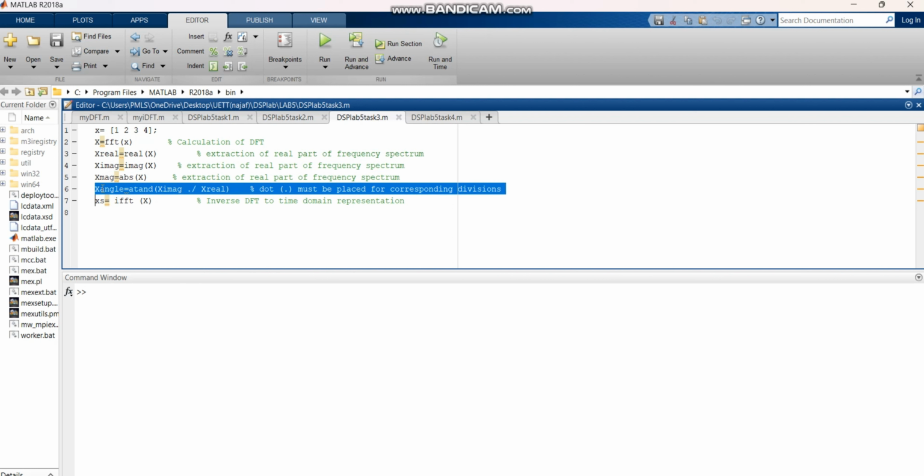X angle computes the phase angle in degrees of the frequency spectrum obtained from the DFT by taking the arc tangent of the ratio of the imaginary part to the real part. The dot operator is used for element-wise division.